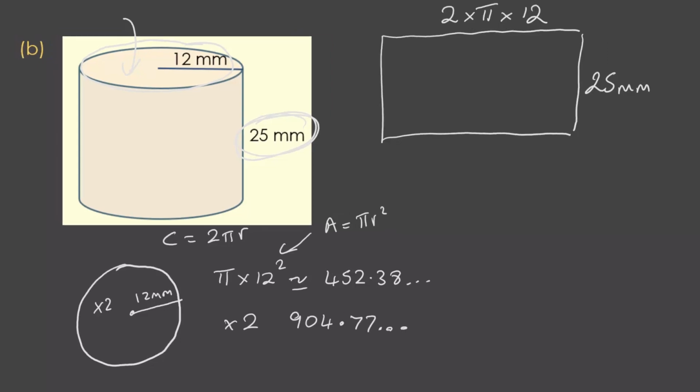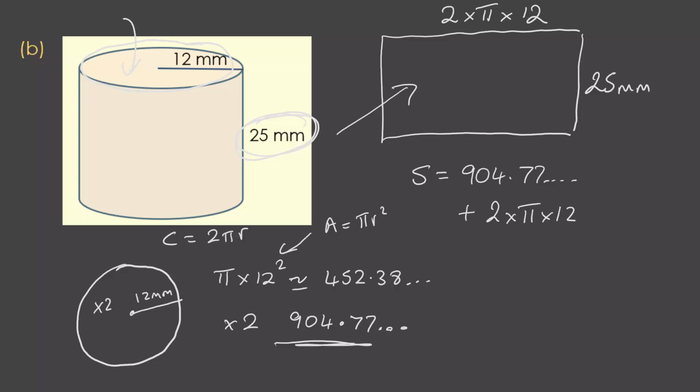The overall surface area is going to be the curved surface, add the two circles. So my surface area is going to be my 904.77 and so on, added to 2 times pi times 12, which is the length here, times the width, which is 25. And then we can calculate that.